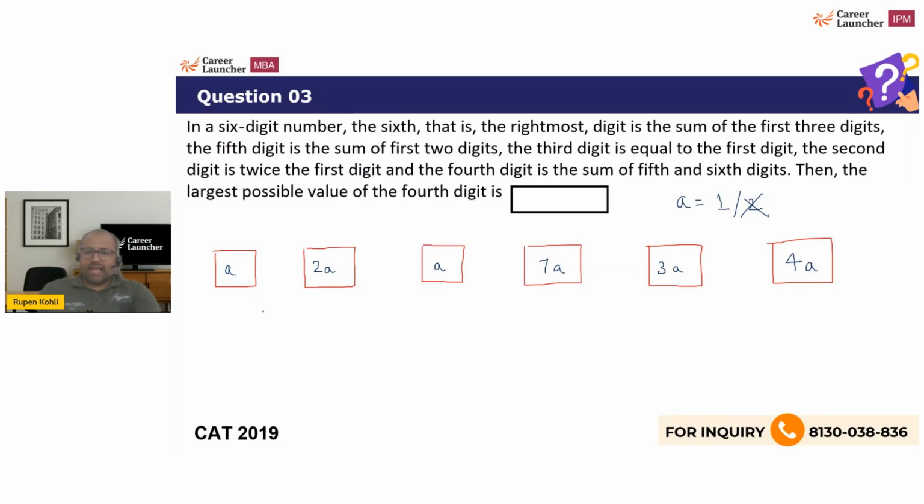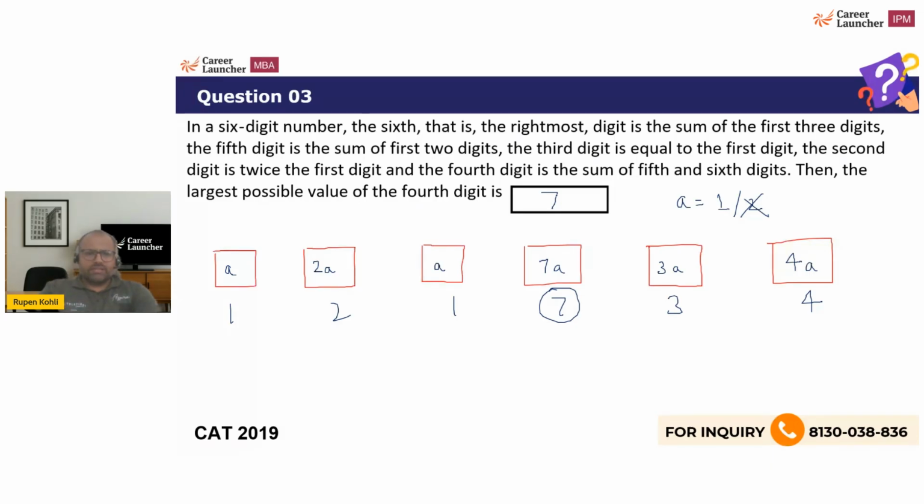Therefore, the number we are talking of is a fixed value, 121734. That is the number for sure. He's asking for the largest possible value of the fourth digit. Actually, it is fixed, because there's no largest possibility. The fourth digit can only take the value 7.